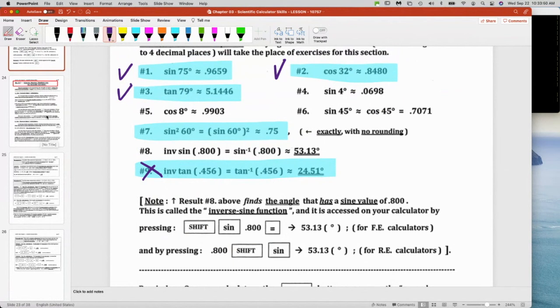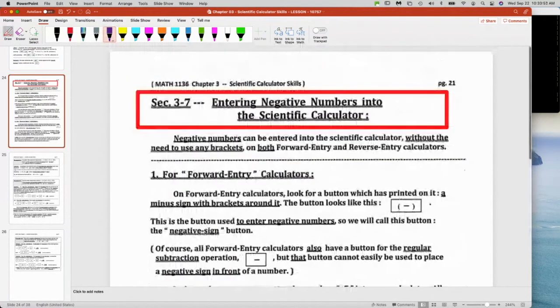So let's take a look here. Negative numbers on the calculator. This is something that most people will say, yeah, I know how to do it, but then they get in a situation where they're trying to type a negative number and it just doesn't make any sense.